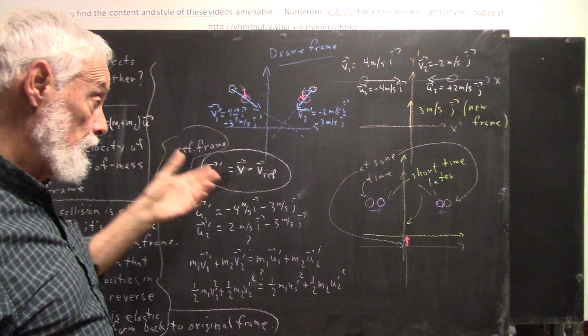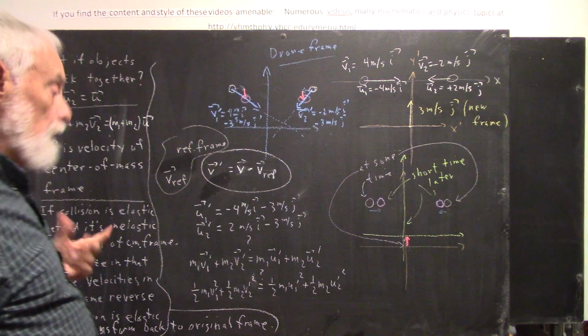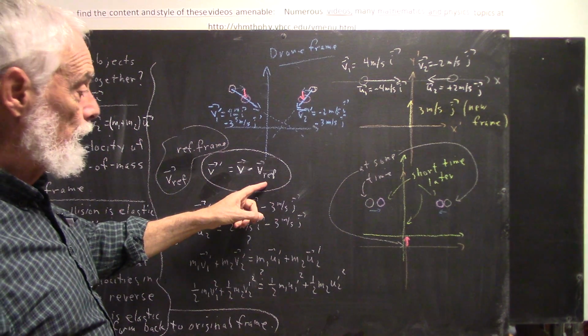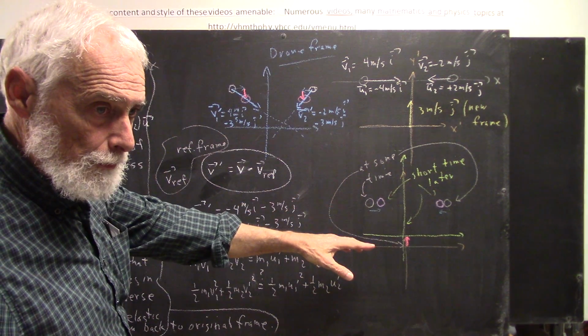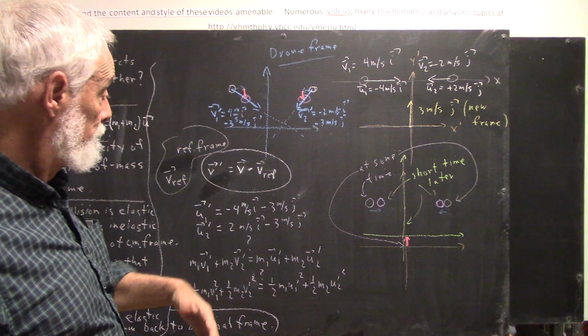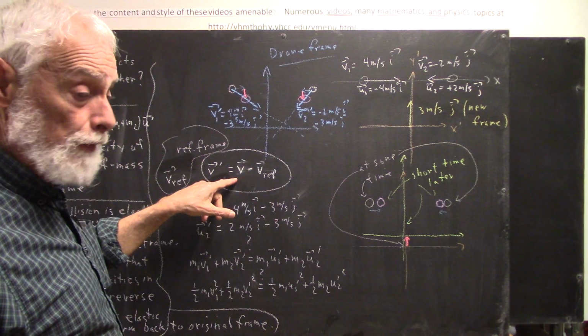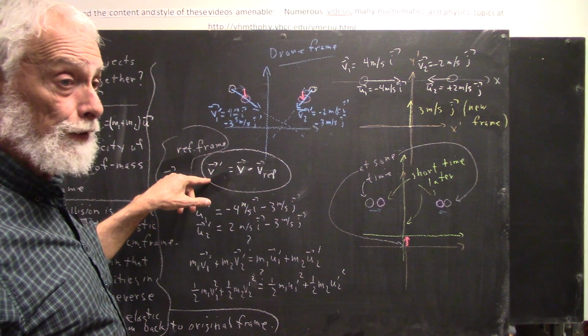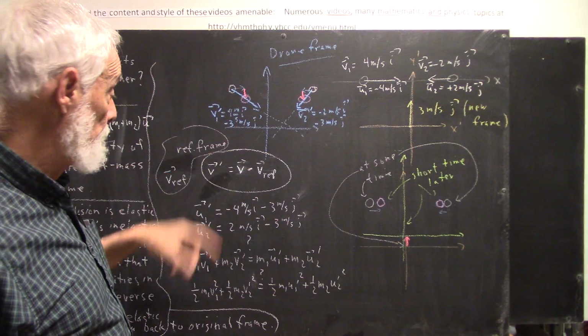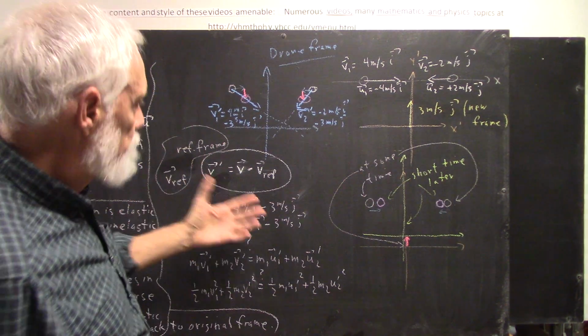And this relationship is always going to hold. There are qualifiers. This is the velocity of the new reference frame in our frame. It's got to be subtracted from the velocity of whatever's moving in our frame to get the velocity as observed from the reference frame.